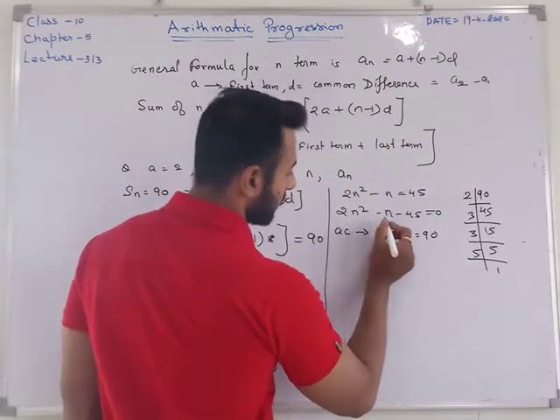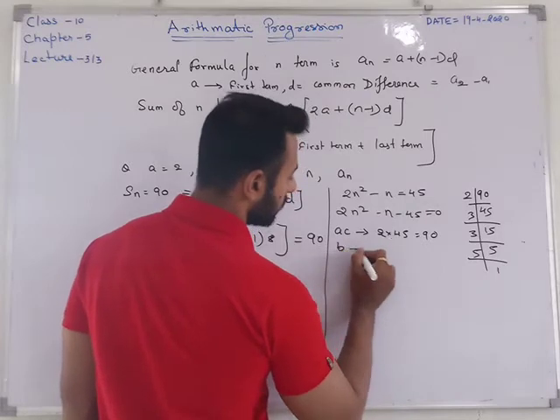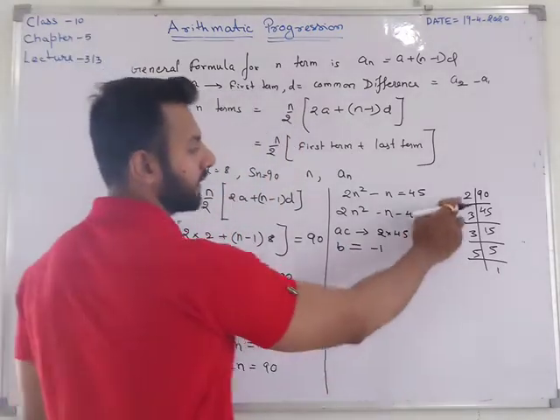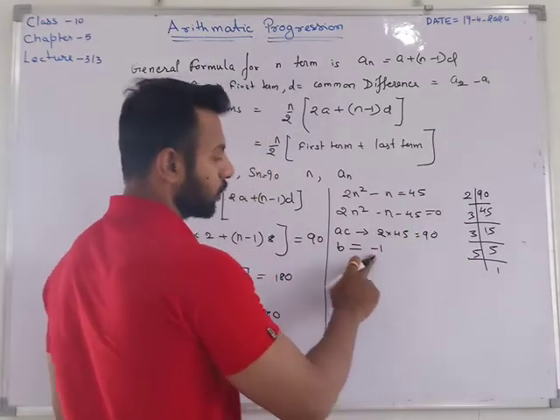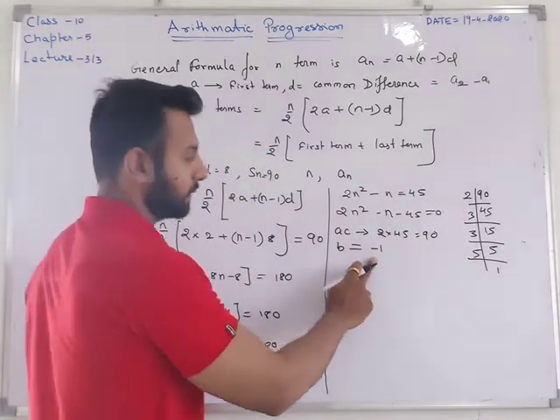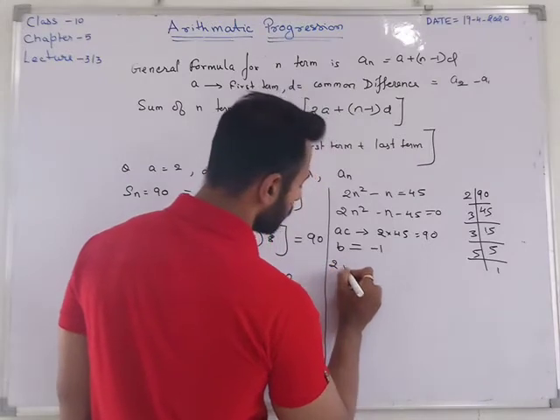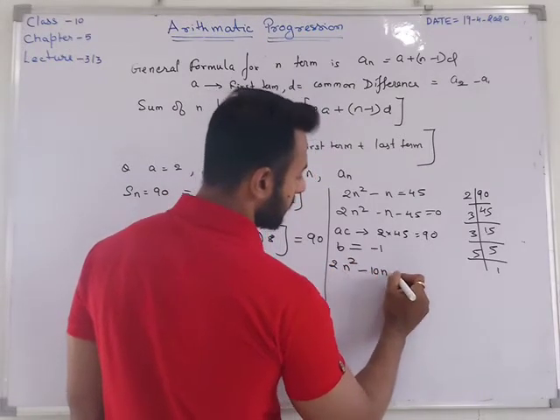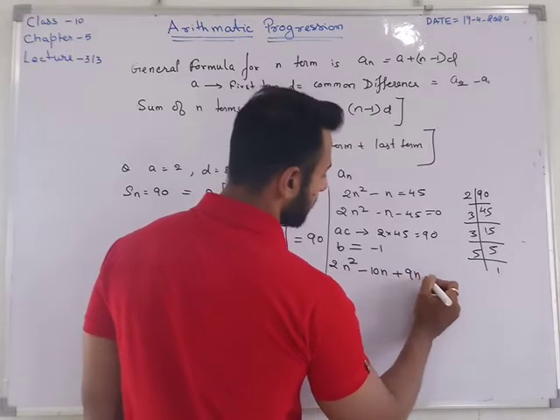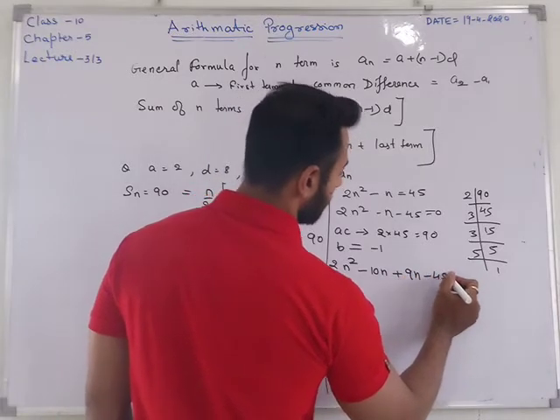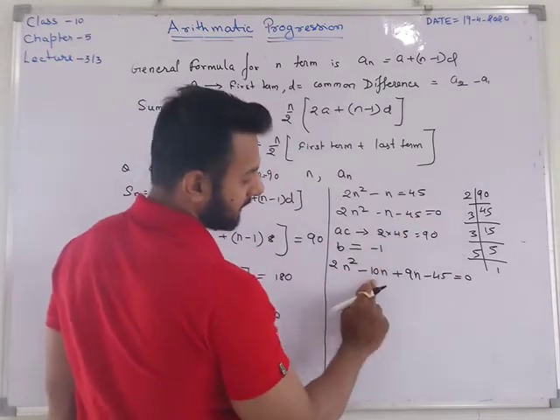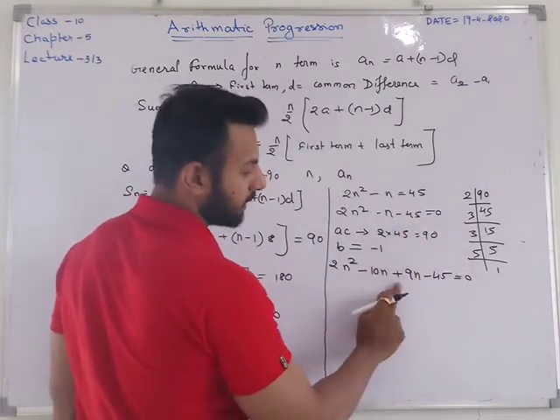Here we have b is equal to minus 1. So we have to arrange these prime factors in such a manner that we can get minus 1. Here we can use 2n square minus 10n plus 9n minus 45 is equal to 0. 2 into 5 is 10, 3 into 3 is 9.